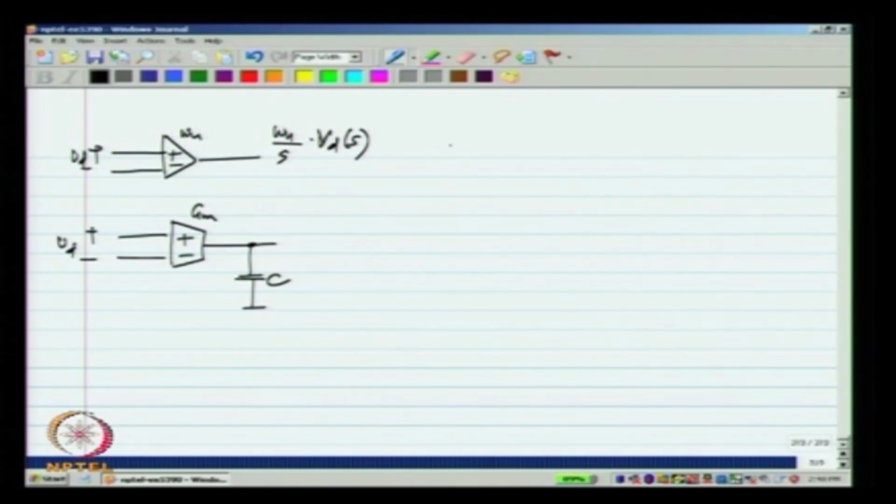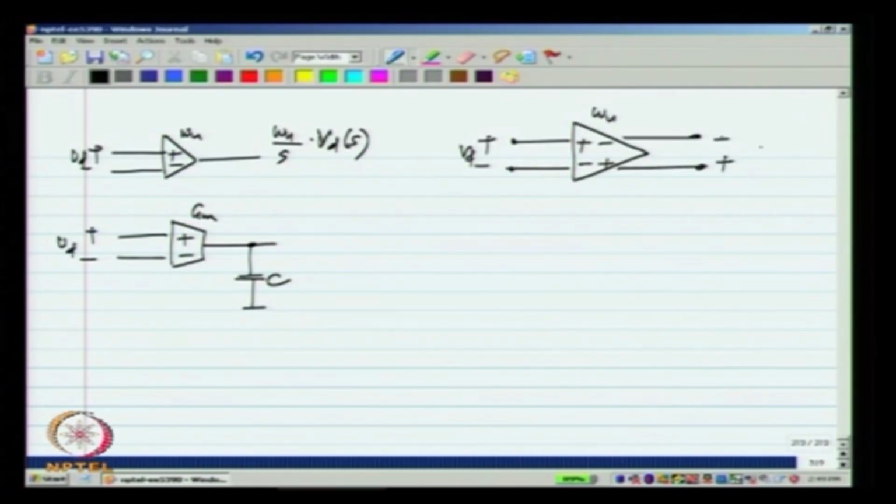Now, when we want to make a fully differential op amp, the principle is the same. Let us say the unity gain frequency is omega u, then the total output voltage will be omega u by S Vd of S. That is what we would like ideally. The op amp is an integrator.